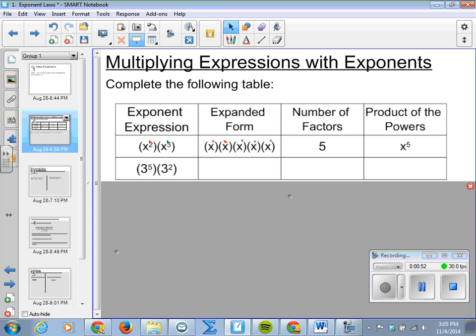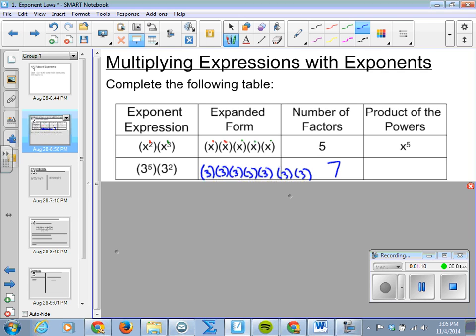So now with actual numbers, we have 3 to the 5th power, which gives us 5 3s. And then we've got 3 to the 2nd power, which is 2 more 3s, for a total of 7 factors, which we can say this big problem is just 3 to the 7th power.